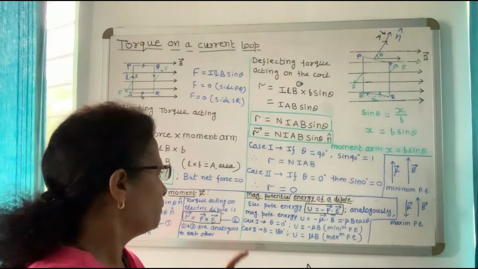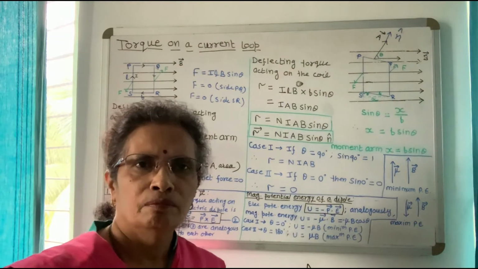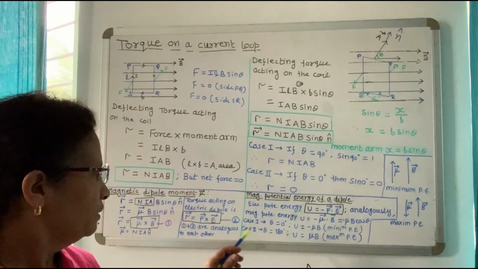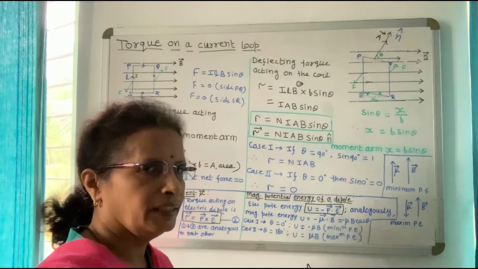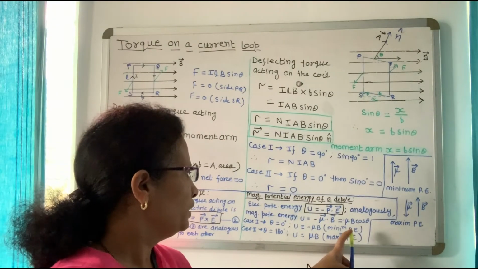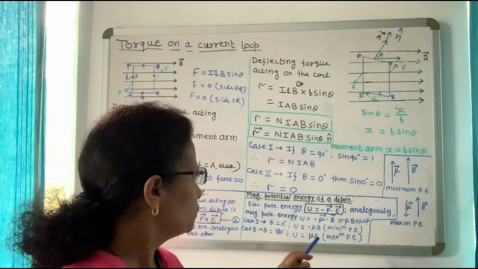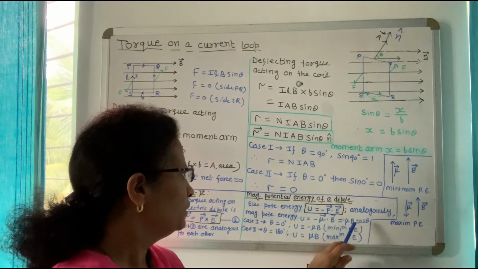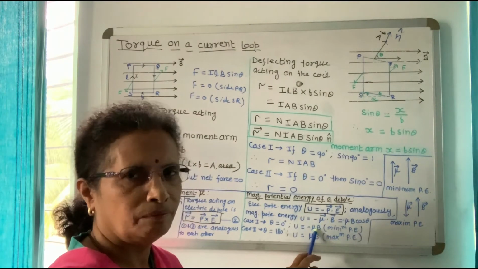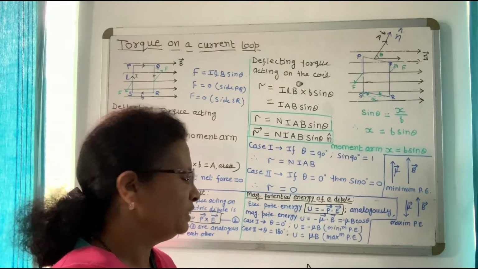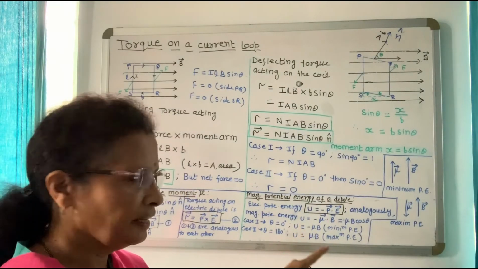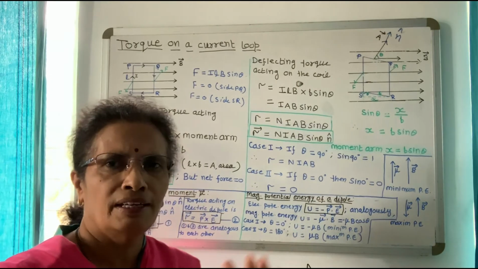Now we will find the maximum and minimum potential energy. When theta is 0 degrees, cos 0 equals 1, so the potential energy equals minus mu B, which is the minimum potential energy. Why? Because it is a scalar quantity, and the minus sign means it is less than 0.